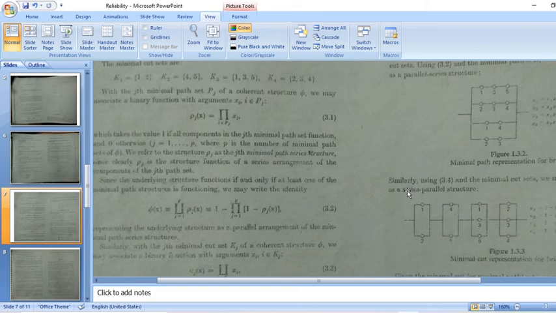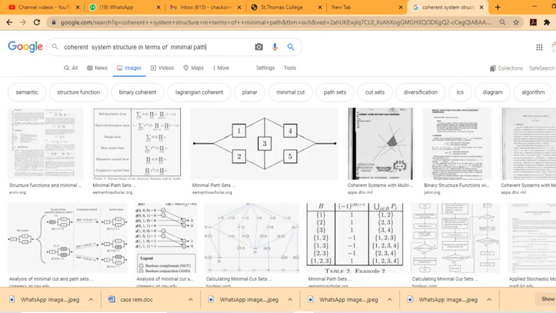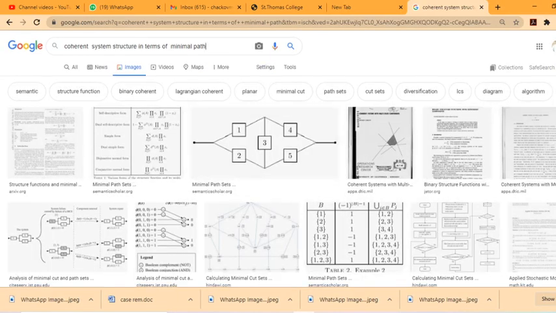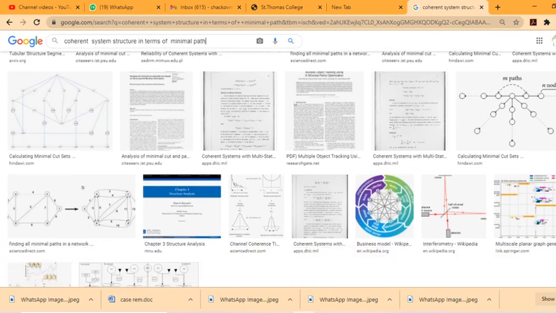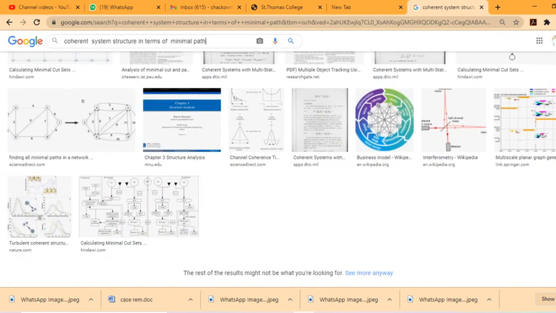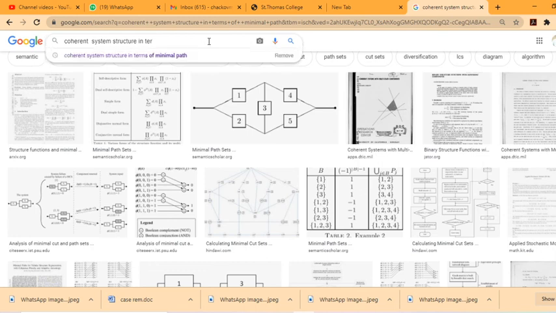Okay, in reality you can see that if you go to Google, they have represented the system, and they analyze using this type of diagram. So what is the use of this diagram? Engineers especially will conduct this type of structure function configuration for their system.